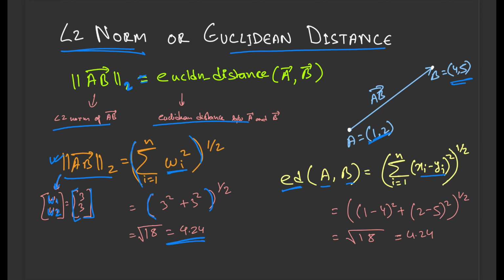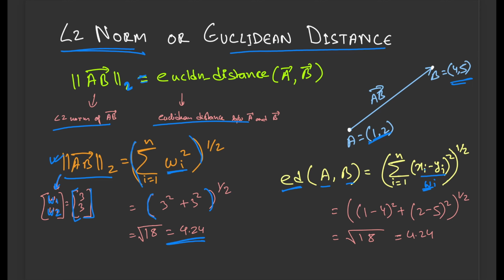So this xi minus yi is equal to wi, right? Because when we do subtraction of vector B and vector A, we get the AB vector. So we take the square of this difference and then sum them up. Then we take the square root of the whole thing.